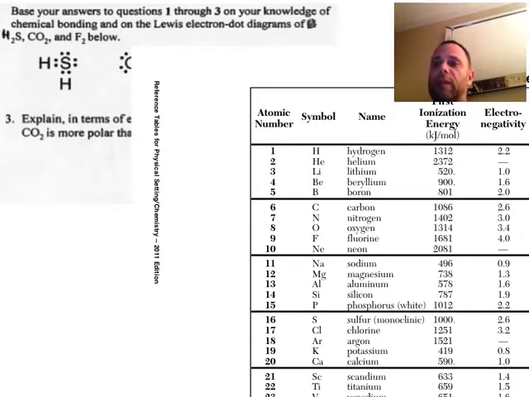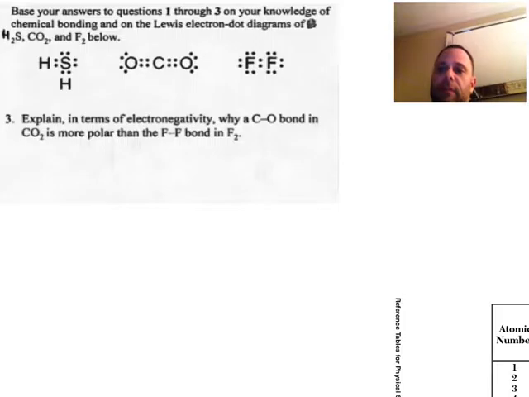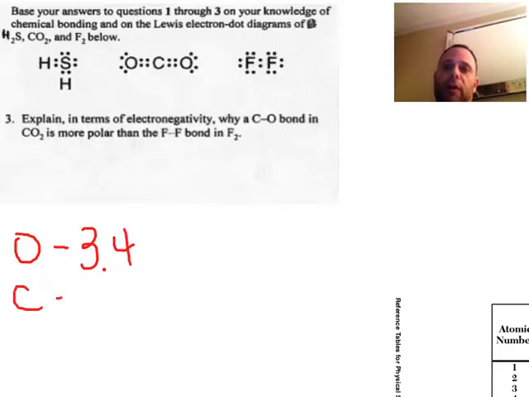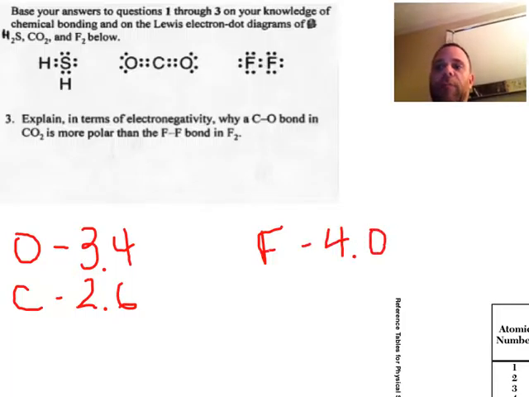Now, the electronegativity of oxygen is right here at 3.4. The electronegativity of fluorine is 4.0. And the electronegativity of carbon is 2.6. So, oxygen is 3.4, carbon is 2.6, and fluorine is 4.0.